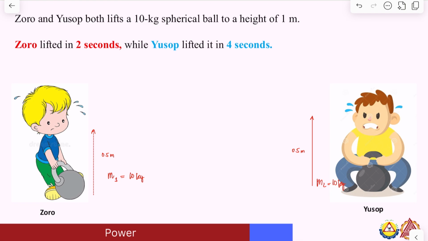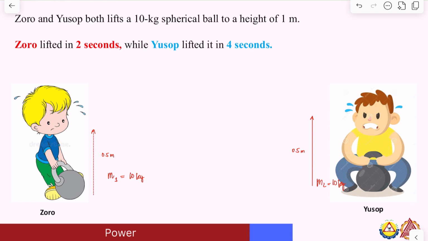Now in this case, Zoro lifted it in merely 2 seconds. That means to say 1, 2, the ball is already here. While Usopp lifted it in 4 seconds. So 1, 2, 3, 4 before the ball reaches the tip of the 0.5 meters measurement.